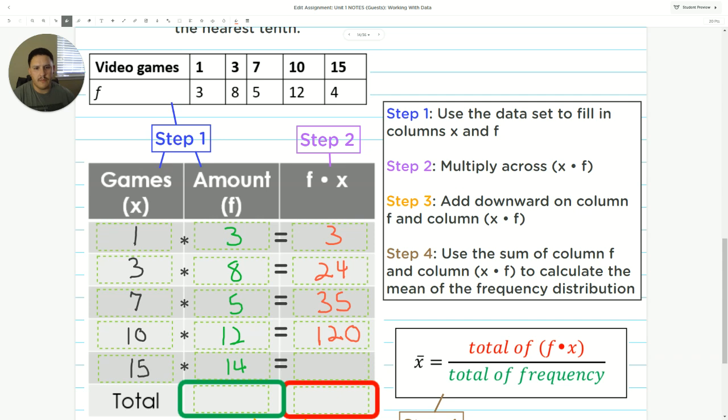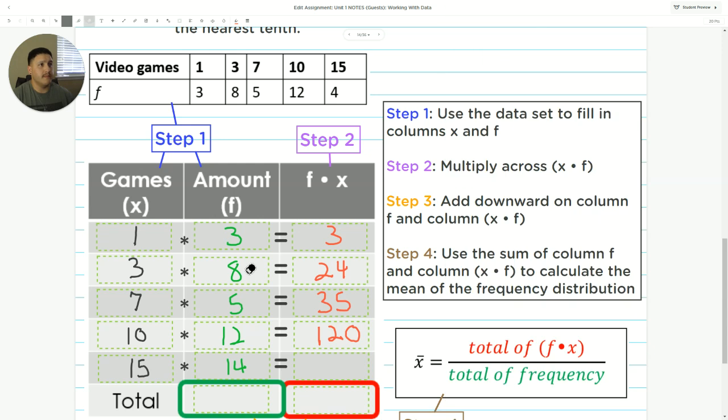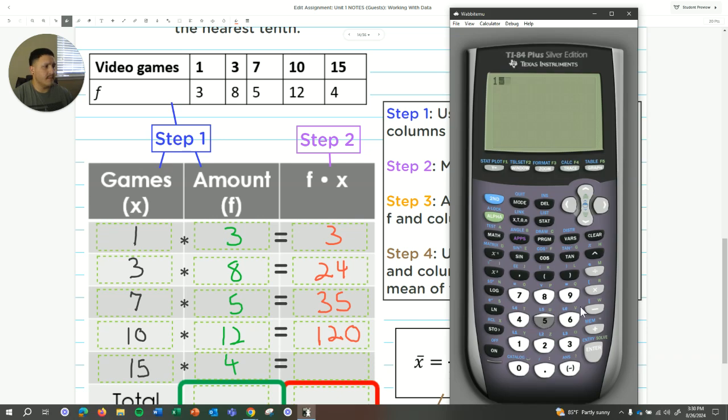Maybe 210. Let's check it out. 15 times... Oh, no. It's not 14. So let me correct that. That should be 4. So that should be 60. 15 times 4, 60. Yeah.